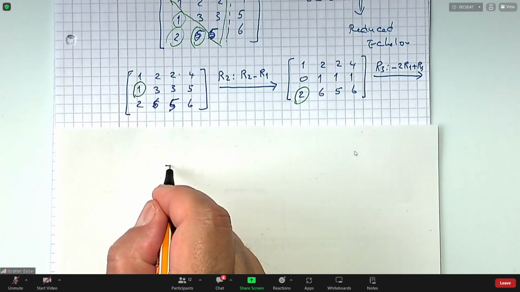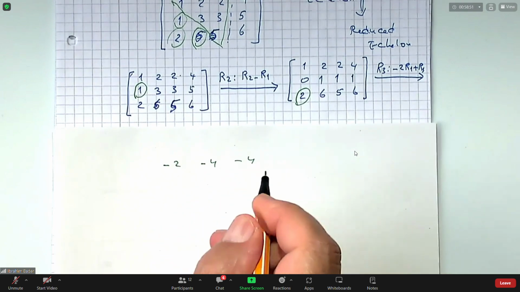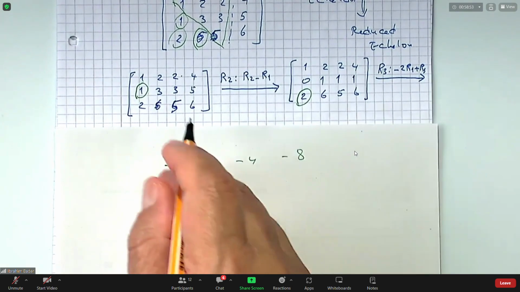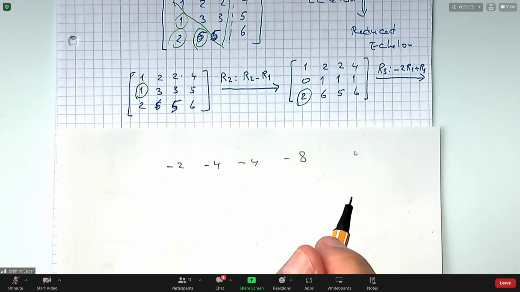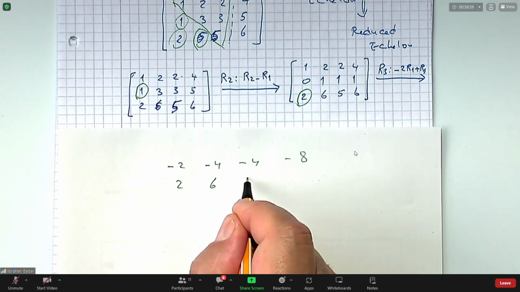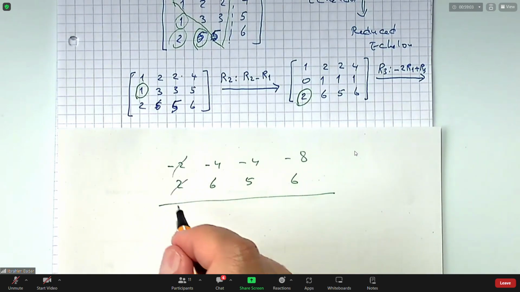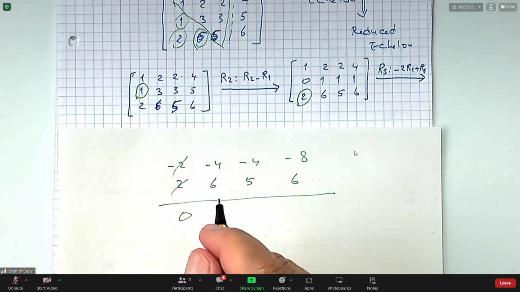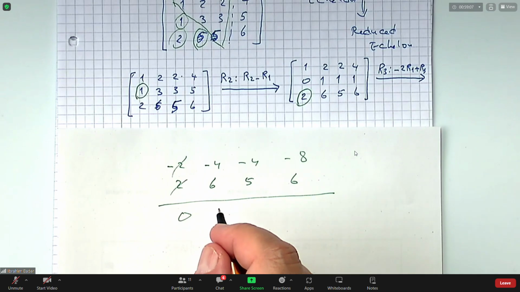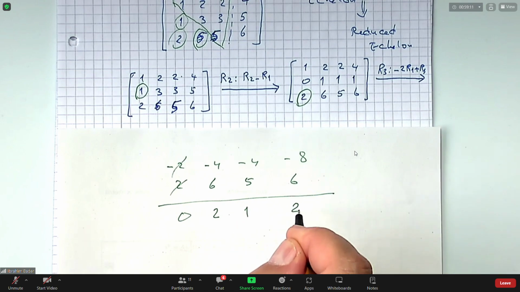It means negative 2, negative 4, negative 4, negative 8. Add to it row 3, 2, 6, 5, 6. So this will cancel out as I was planning to do. And this is 2, this is 1, this is 2.